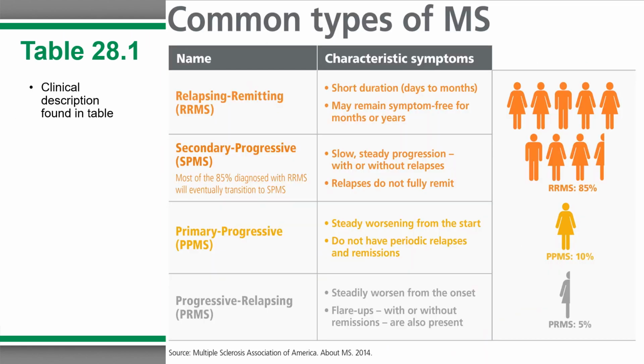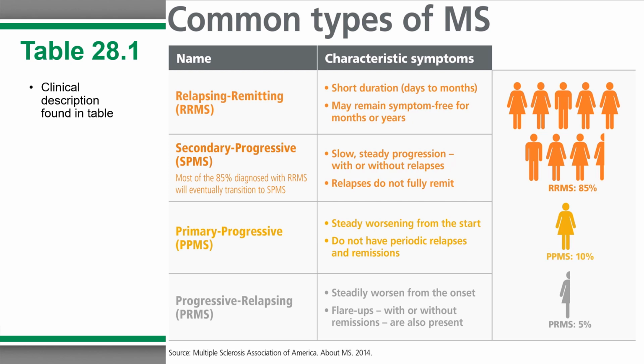The 4 primary types are identified here, and what I like about this particular slide is that it has the prevalence represented by the comparison of the number of folks, or primarily bodies, on the right. You'll see that relapsing remitting shows 4-to-1 women to men, or 1 man to every 4 women. And here you have secondary progressive.